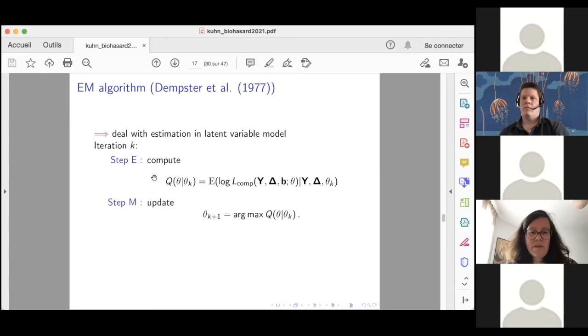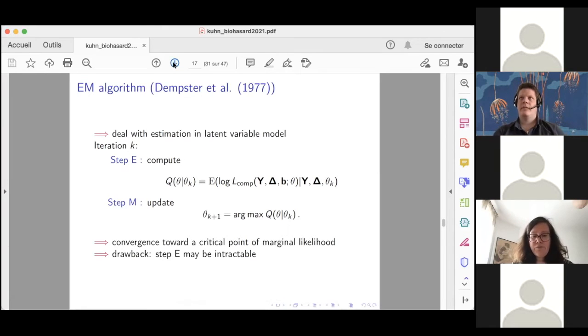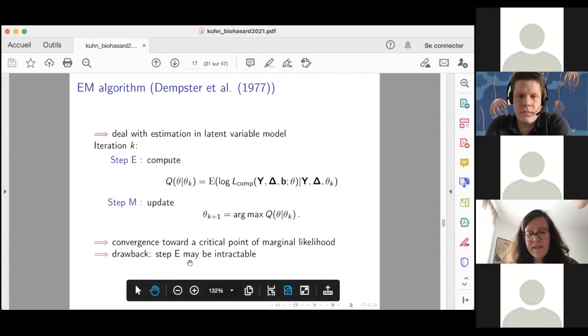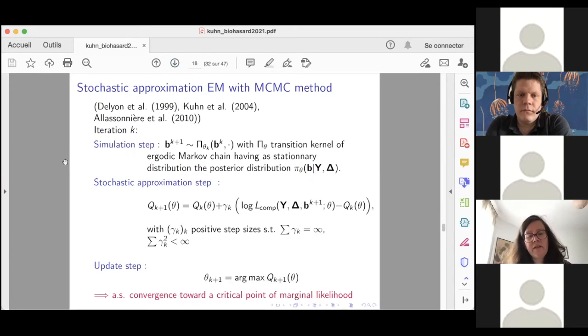And you use this conditional expectation to update the parameter during the M step, following this equation. Okay. And so you have good properties, you converge toward a critical point, and there are drawbacks, but the main drawback, I think, is what can you do if the E step is intractable? So you can move towards some stochastic version, and we chose the stochastic approximation EM.